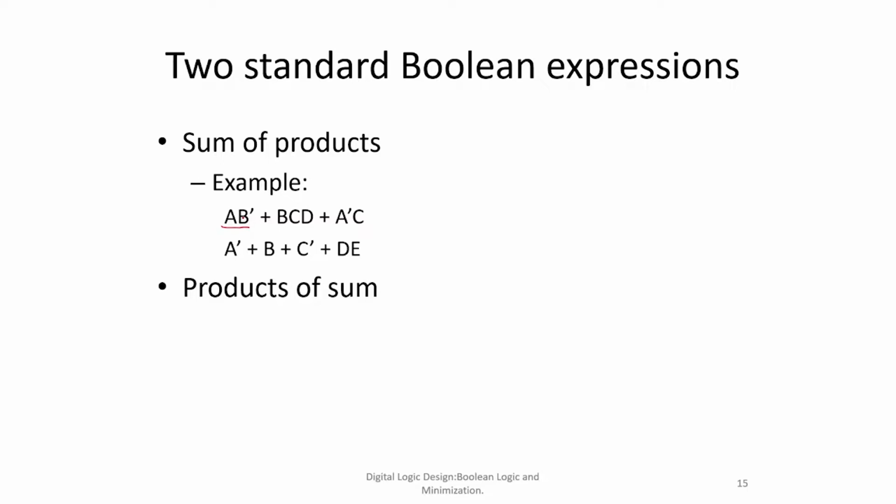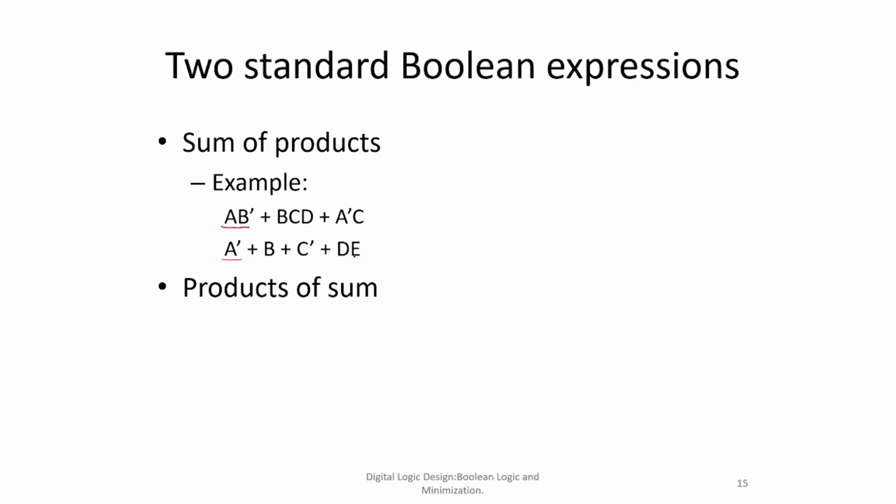Now we can ask whether this is a sum of product or not. This is a very special case of sum of product, because it is only a single literal with nothing else multiplied to it, but we can still call it a product term. And a dash plus b plus c dash plus de, because all of these terms can be denoted as product terms, is also a sum of product expression.